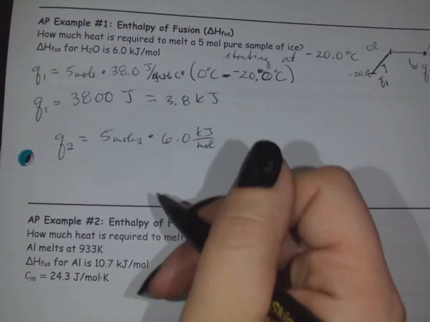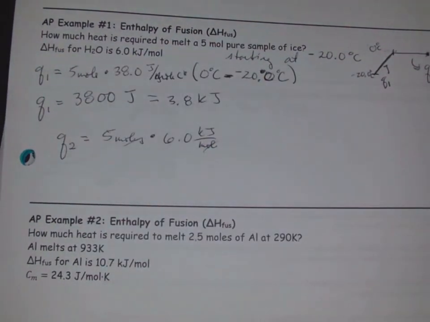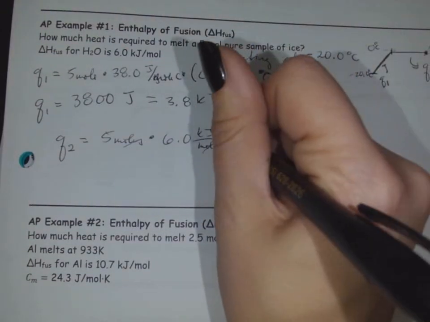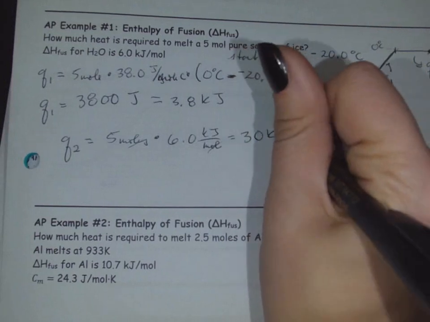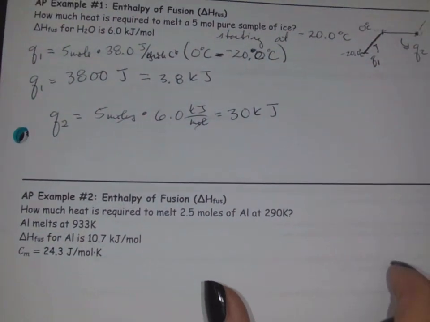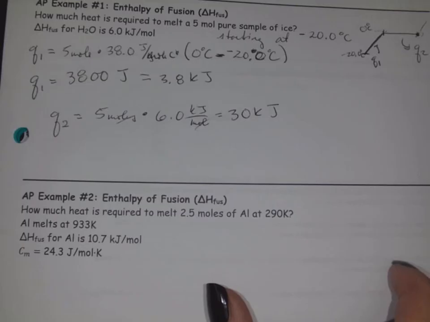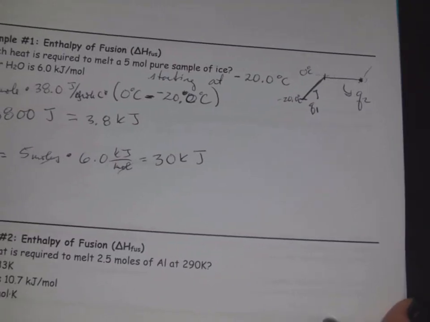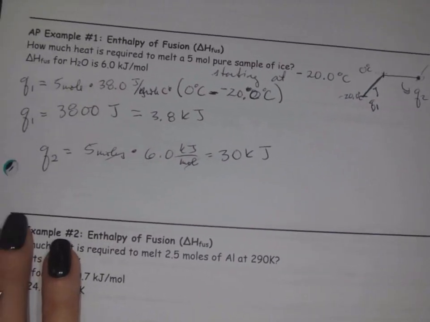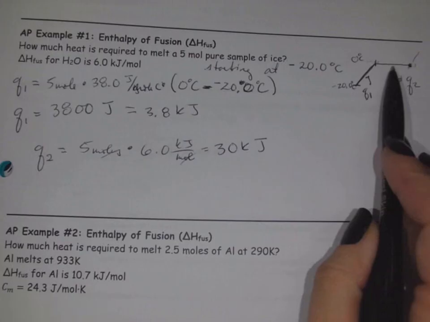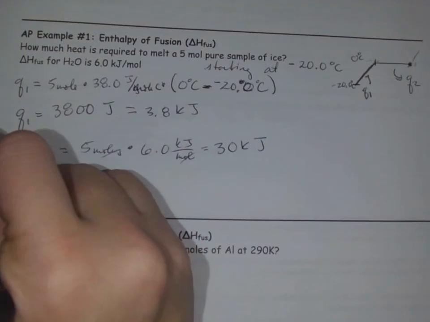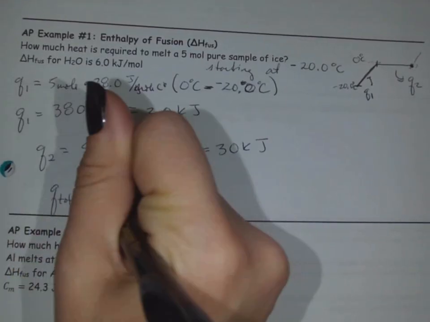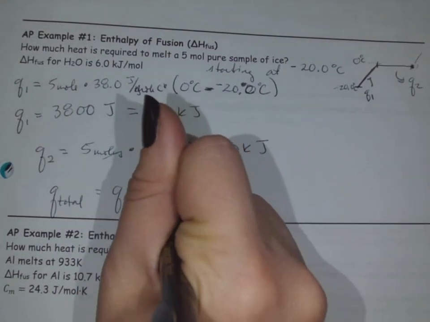So what's cool to see here is that we know that moles are going to cancel. Okay? And so then this would be 30. Isn't that huge? 30 kilojoules. Wow. So it took way more energy to melt this than to raise the temperature on the first leg of the journey. My final answer to know how much heat energy it took to completely melt ice that started at negative 20 degrees Celsius, my Q total is Q1 plus Q2.